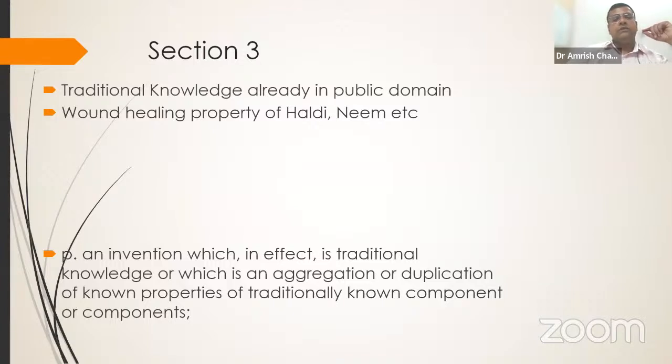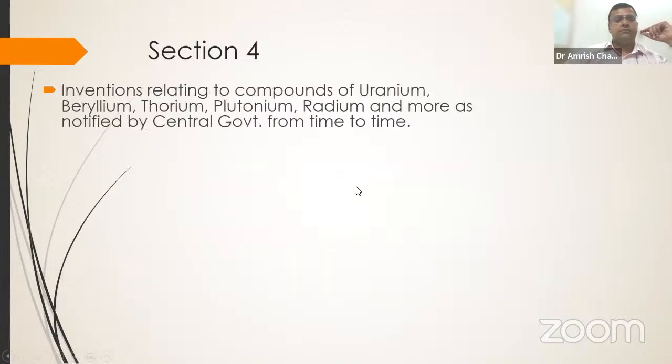Okay, so it is very important that when you're working with herbals, we need to check what are the domains in which it is already reported. And section 4 says that things which are related to defense technology or atomic energy like uranium, beryllium, such things, if you're working on it, such things will not be patentable.